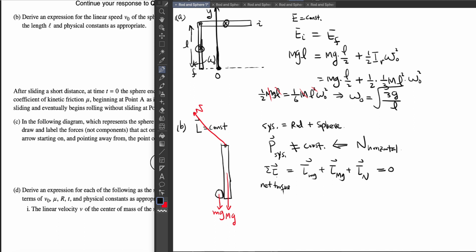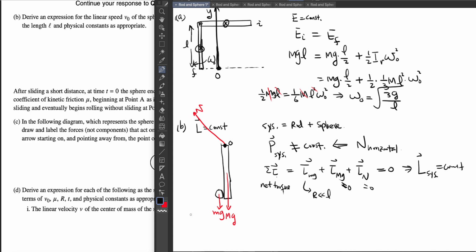The reason is that the rotation axis is right here. N goes through it, capital Mg goes through it. Little mg also goes through it because of the relation that R is far less than L. So there's no lever arm for little mg. That's why all three torques are 0, so L of the system is a constant.